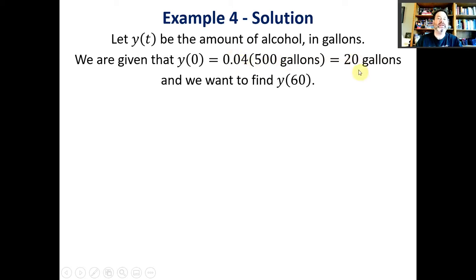So there's 20 gallons of alcohol to start. And we want to find how much is left 60 minutes later, right, when the 6% alcohol comes in at 5 gallons per minute, and then the mixture leaves at 5 gallons per minute.